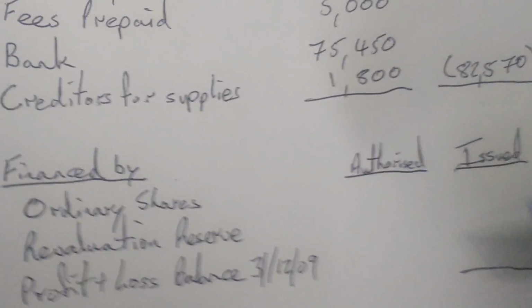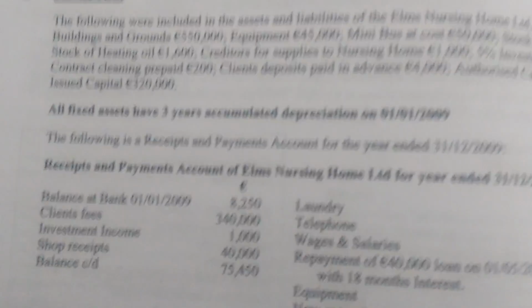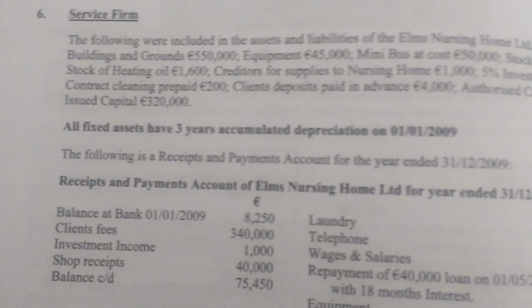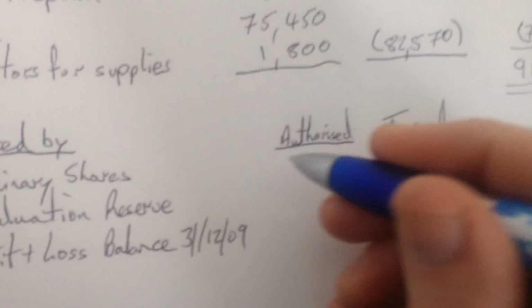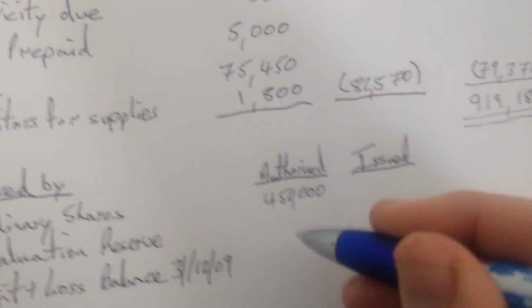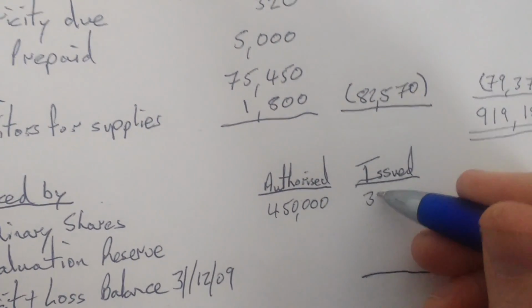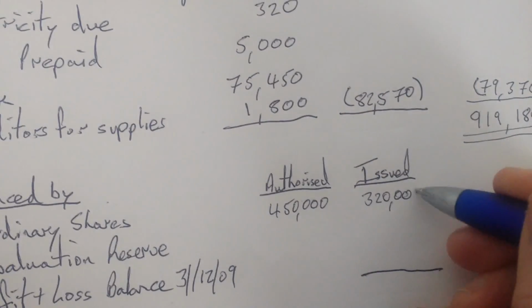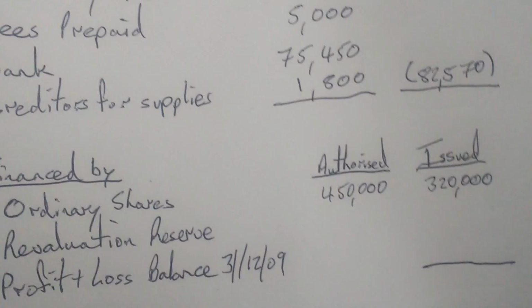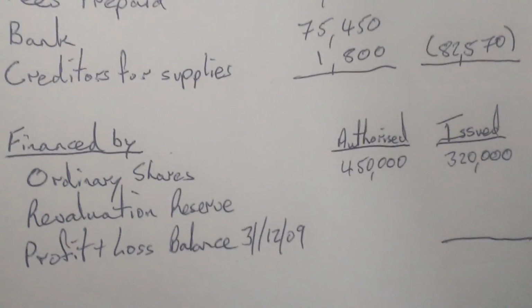In a lot of cases there's a mark going for it, so you must always put it in. So where do we get the figure from? Up here at the start it tells us authorized capital 450,000, issued capital 320,000. So again, just down here, 450,000, not going to be used again really, but needs to go in, and 320,000, which we will be using to calculate our total figure for the capital and reserves. So next, the revaluation reserve.